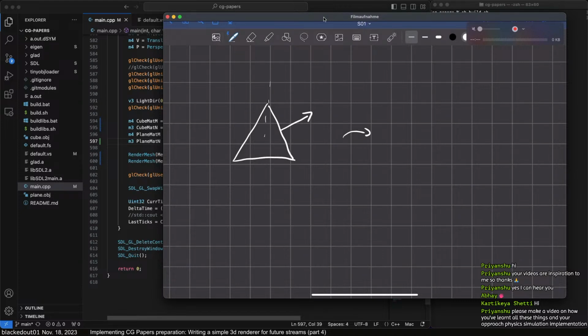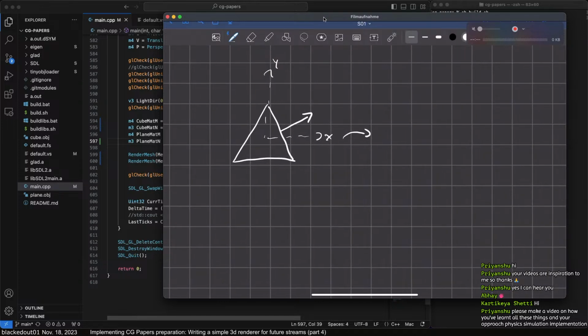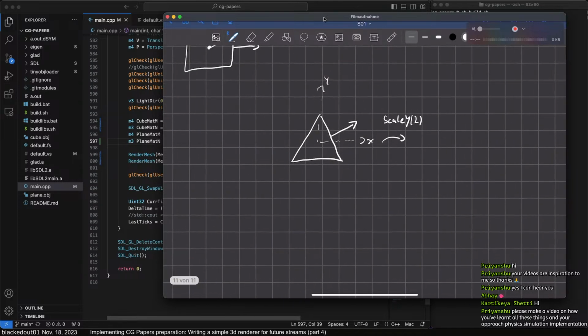So let's say this is the y-axis and this is the x-axis. If you were to scale this along the y-axis, then the triangle would look something like this. So this is basically the model matrix.